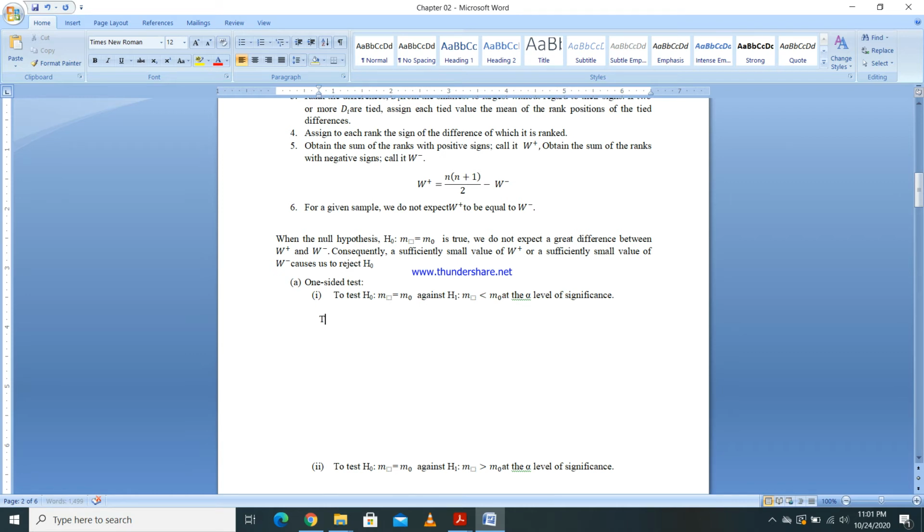So the first thing which comes to our mind is, what is the test statistic? How are we going to calculate the test statistic? When you are given the data set, if you are going to apply the Wilcoxon sign rank test, first you have to calculate the differences between the observation and the median value, take the absolute value of the differences, and then rank all the absolute values of the differences.